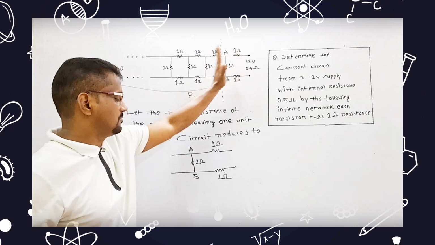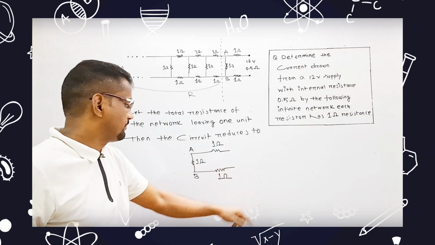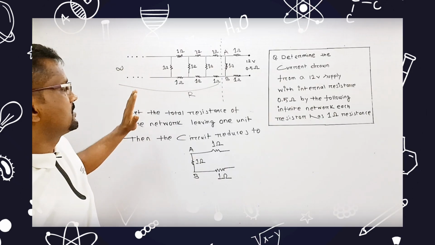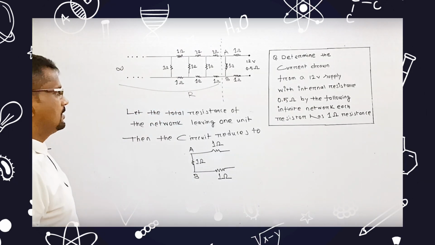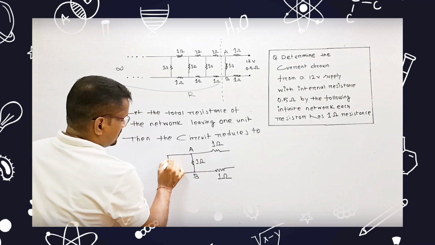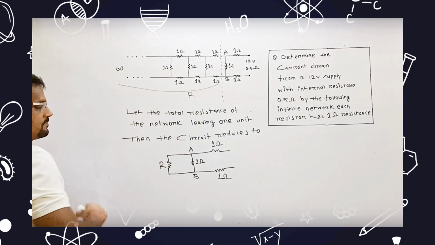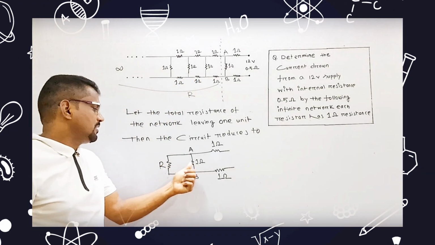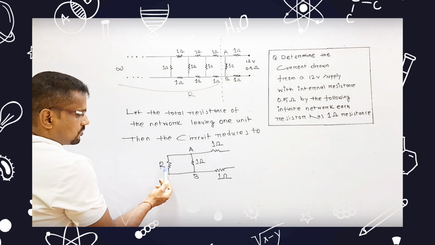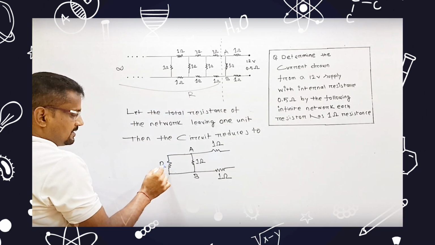The unit which we separated, we will draw here as it is. Now see, we separated this unit, and excluding this unit, the resistance of this part we called R. If this is R, then see the circuit now. This is the total resistance R of this part, which is in parallel with this.